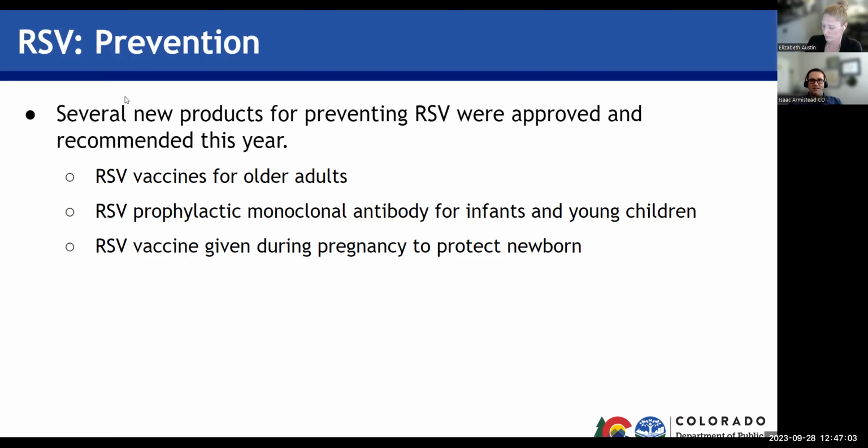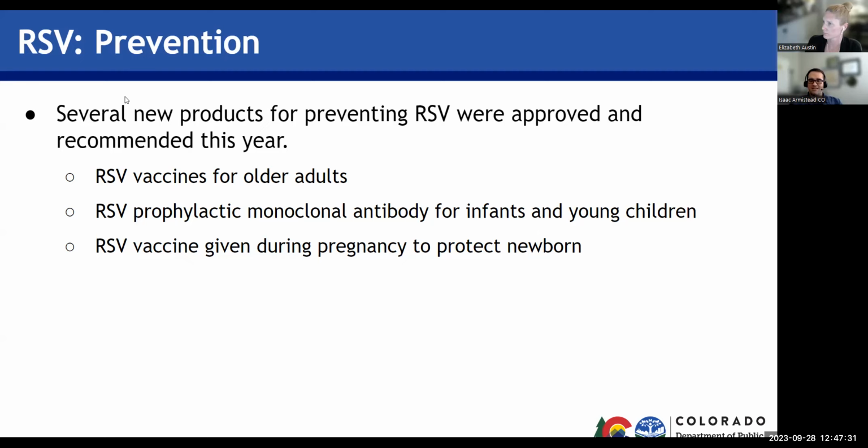So the first sub-bullet point there, RSV vaccines for older adults. I'll talk a little bit more about these on the next slide, but there are 2 different RSV vaccines that have been approved and recommended for use in adults 60 years and older. And these are for individuals who are at higher risk of severe RSV disease in that age group.